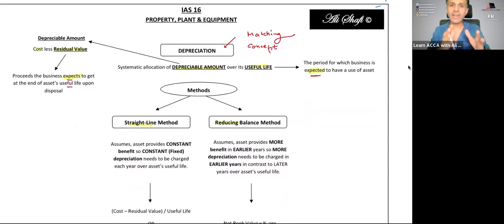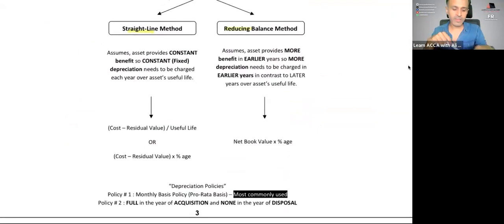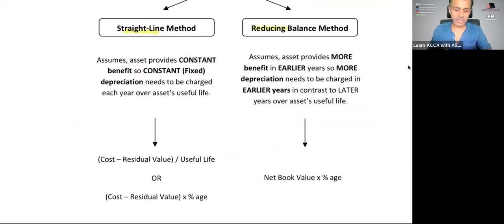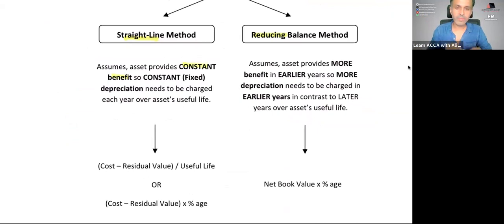Let's not straight away get into the computation. Let's try to understand the assumptions that these two methods are based upon. The first one assumes the asset provides a constant benefit. Constant means similar benefit. You make an assumption that this asset provides me the same benefit throughout.